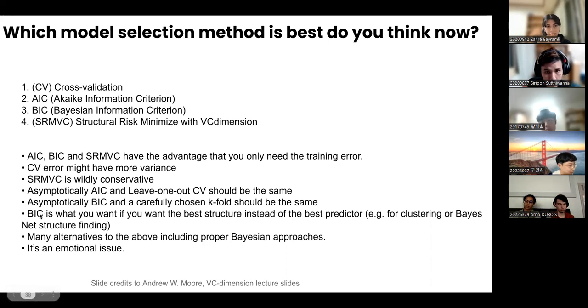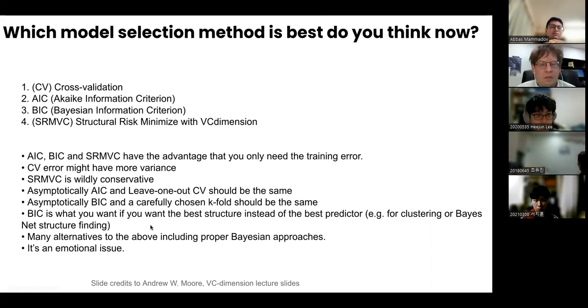For example, the most important one is the Bayesian information criterion, because it's used if we want the best structure instead of the best predictor. For example, in clustering or Bayesian network structure-finding algorithms, we are mainly using the Bayesian information criterion instead of cross-validation or VC dimensionality.